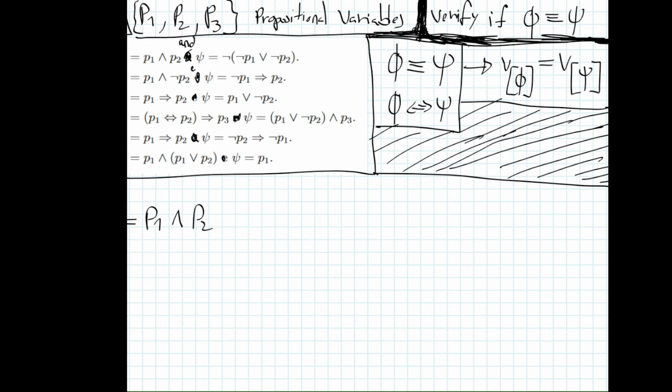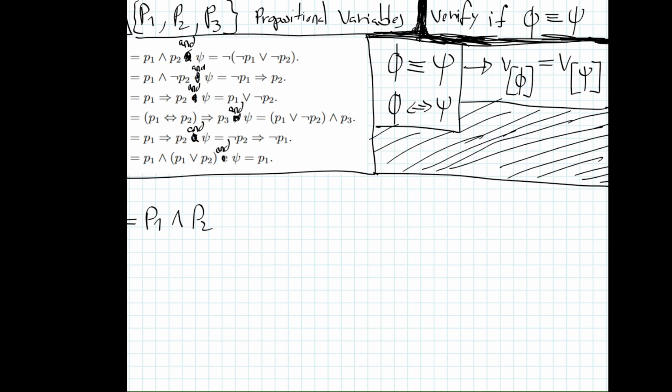So each one of these is an 'and'. Two statements, correct? This formula and this formula, or this formula with this expression. Different ways of saying the same exact thing.